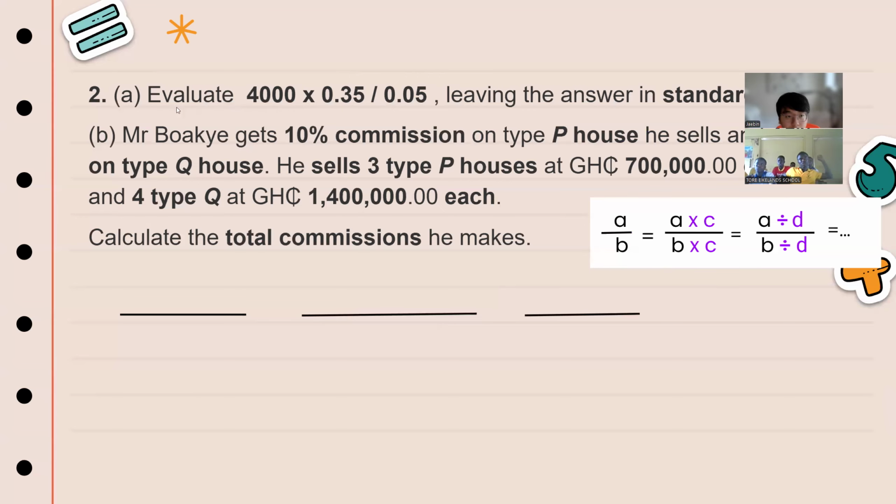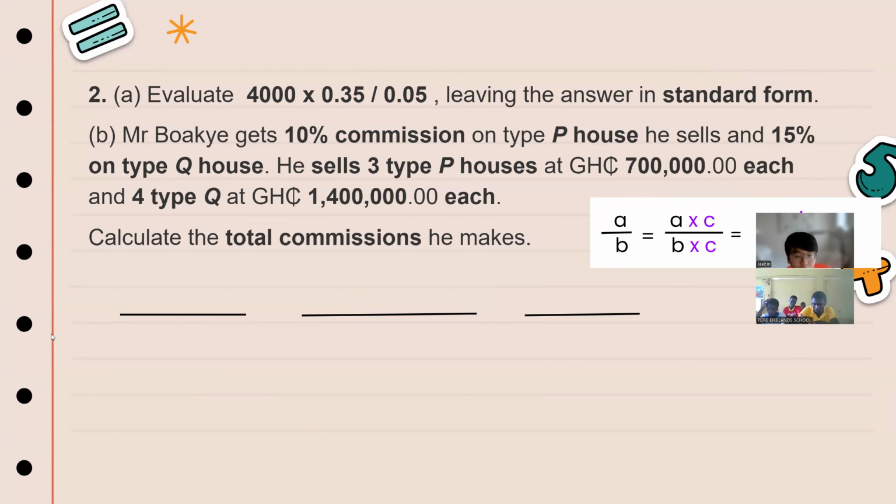Number 2A, we're told to evaluate 4,000 times 0.35 over 0.05 and leave this answer in the standard form.